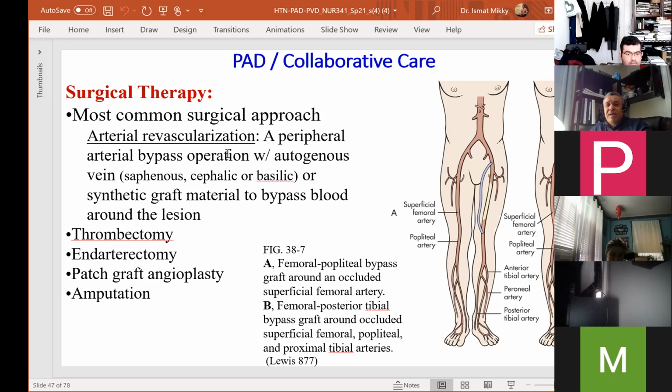That is an open procedure, not like the previous ones, interventional cardiology or interventional radiologic procedures, where they insert a catheter and that's the only incision the patient would have. Endarterectomy is an invasive procedure. They have to physically open, make an incision in the affected artery, and physically remove the plaque, or the atherectomy.